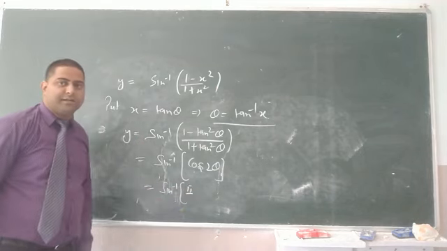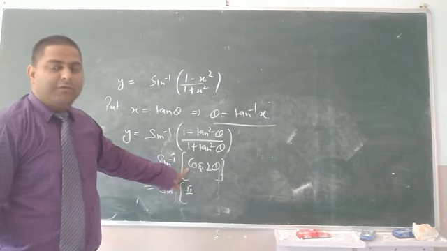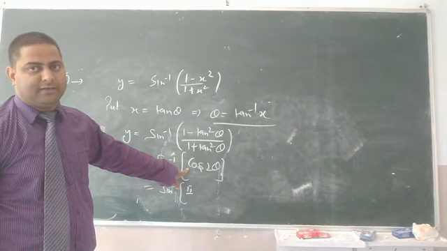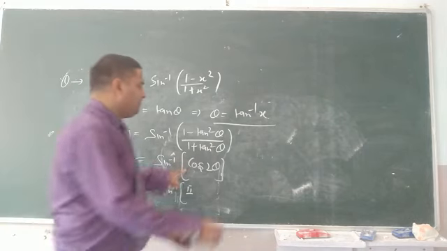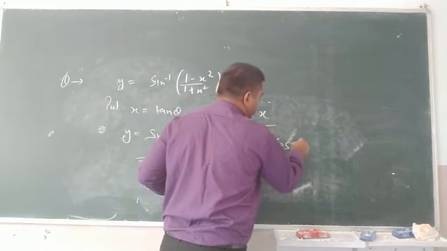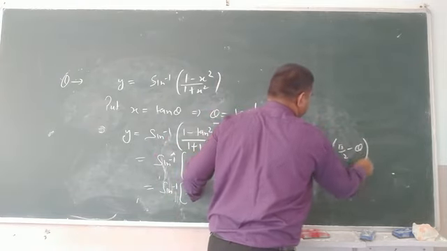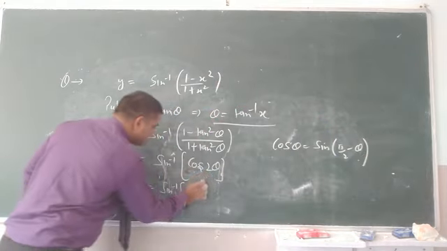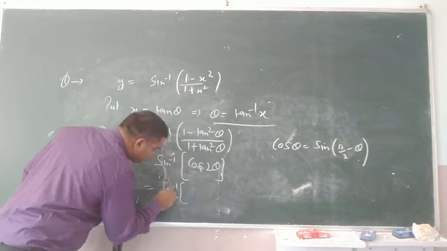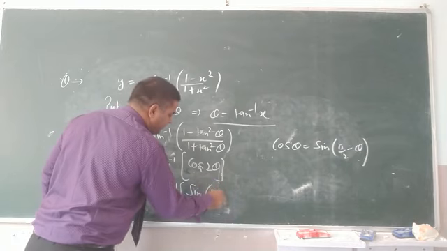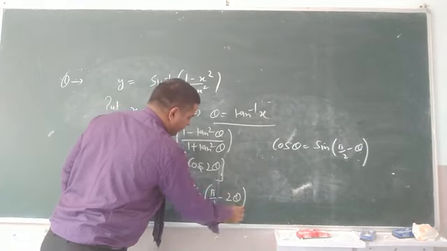How to write cos 2 theta? Now we have to change cos 2 theta into sine. How do we change it? We know cos theta is equal to sine of pi by 2 minus theta. So here it comes sine inverse, we change it into sine of pi by 2 minus 2 theta.